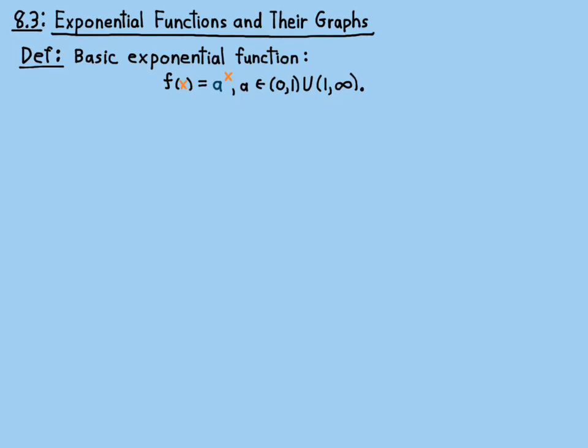A is called the base, and people often use a b. I think I used an a because the book did. It doesn't matter what you call it. It's called the base. X is called the exponent. Okay, so the exponential function is one where the variable is in the exponent.